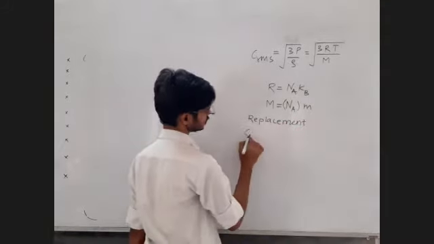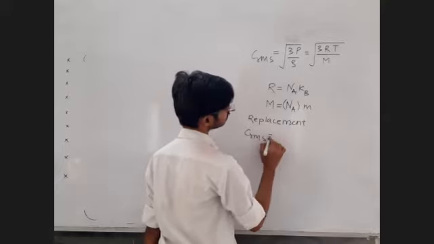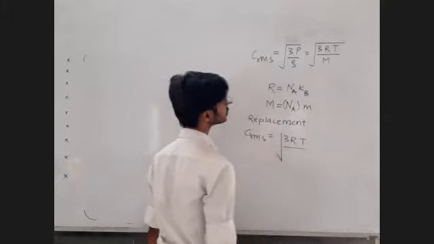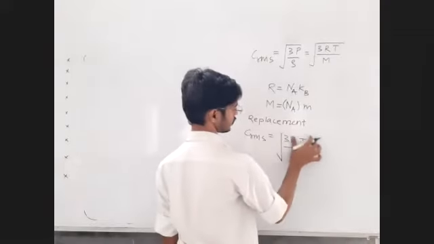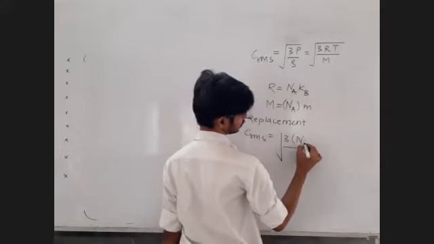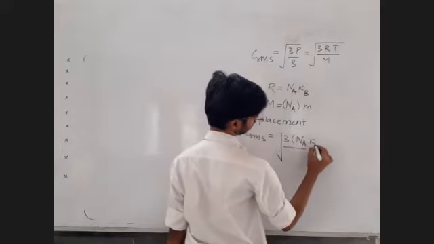So CRMS is equal to under root 3RT upon M. We have to replace the value of R. What is the replacement for R? R is equal to NaKb.